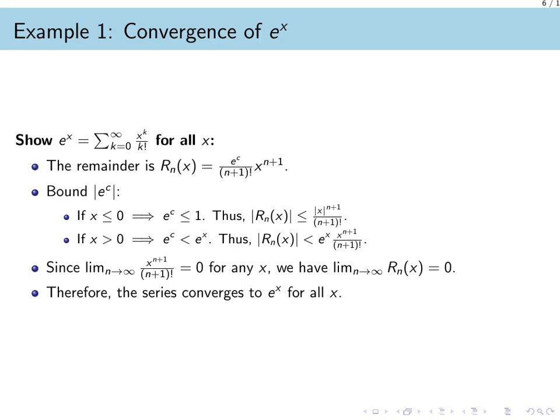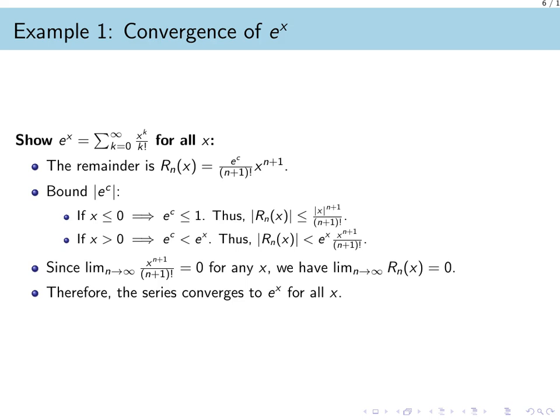To analyze this, we find an upper bound for its absolute value by considering two cases for x. First, if x is less than or equal to 0, then c must also be less than or equal to 0.